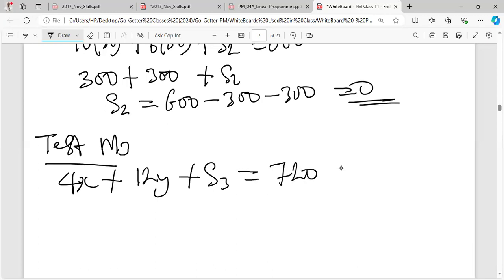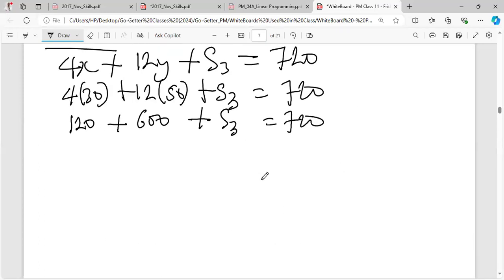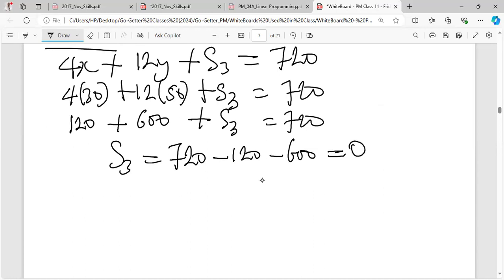Of course, x is 30. 4 times 30, y is 50, plus S3, that's 720. 4 times 3 is 12, that's 120. 12 times 5 is 60, that's 600 plus S3, that's 720. So S3 will remain in its position. 720 remains in its position. This will be minus 120 minus 600. That will give you 0.